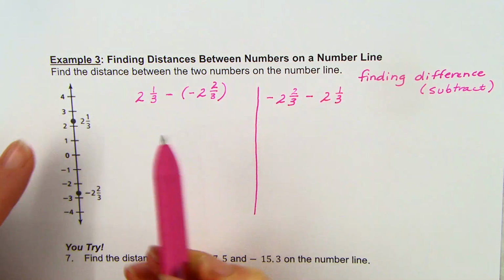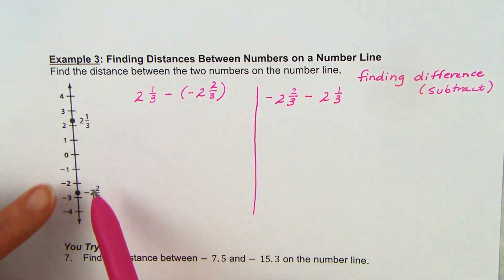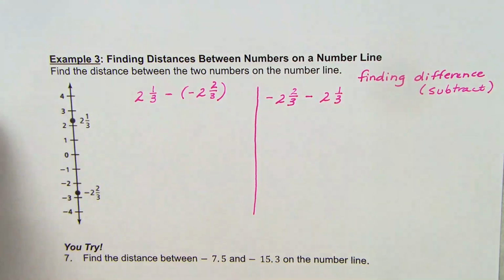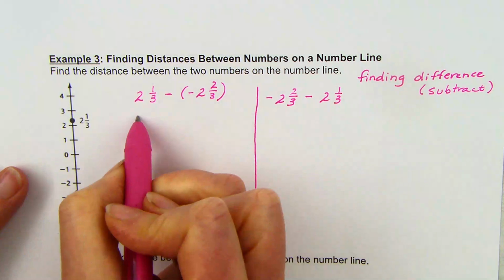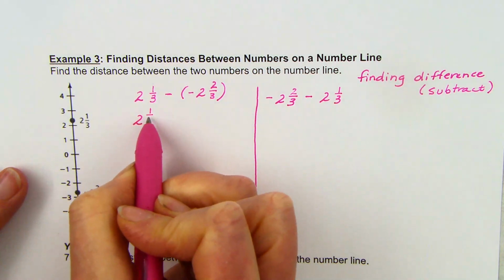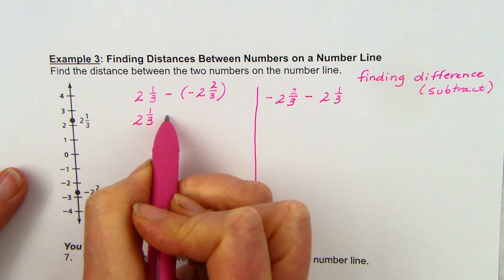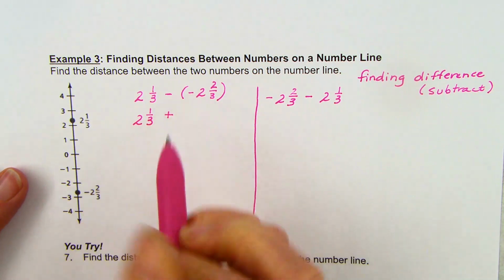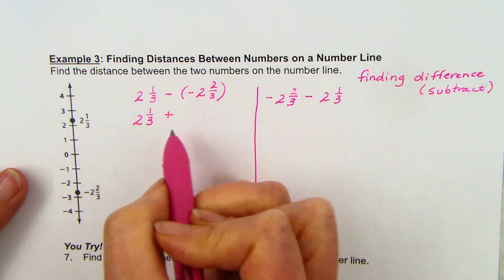So we'll try going from here, take this one, subtract this one, or then we'll go from here and subtract this one and see what happens. I'm going to keep my first number the same, change subtraction into addition, and then change the next sign. If you want to think, keep, change, flip, that is okay.